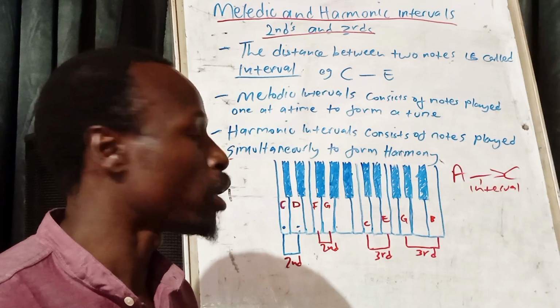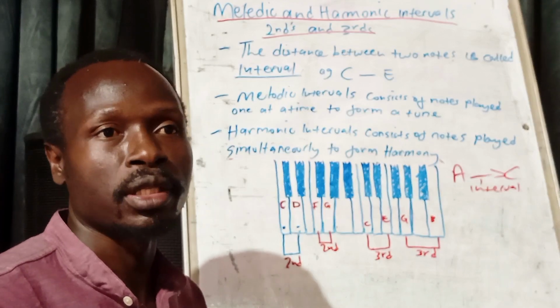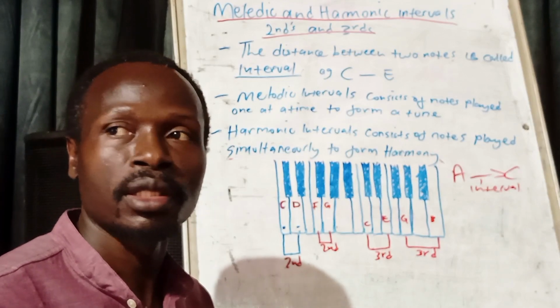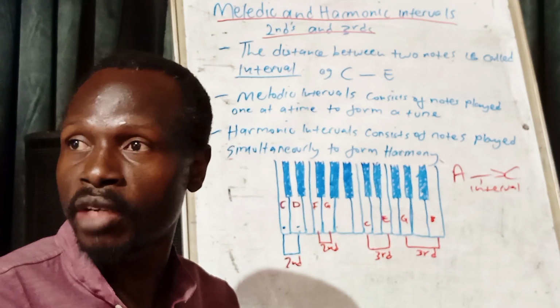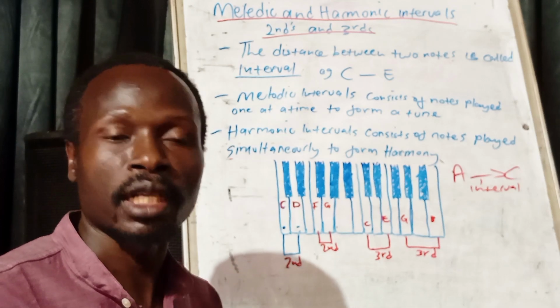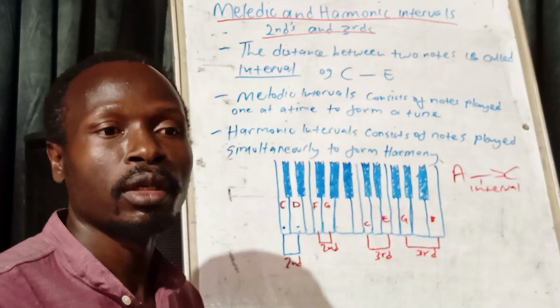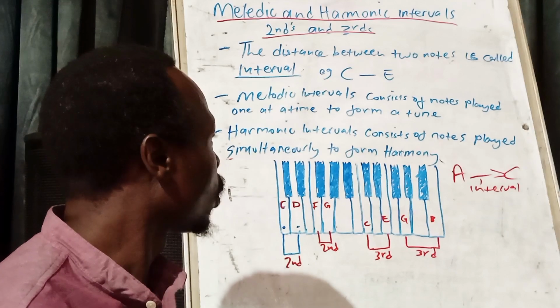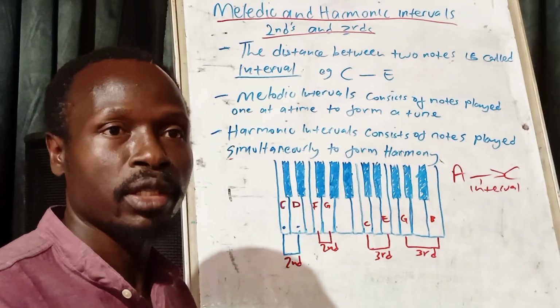Likewise, when we are playing keyboard, we do harmonies. The common word for harmonies for us as players is the chord. Chords are harmonies. Whenever we play chords, we play simultaneously.